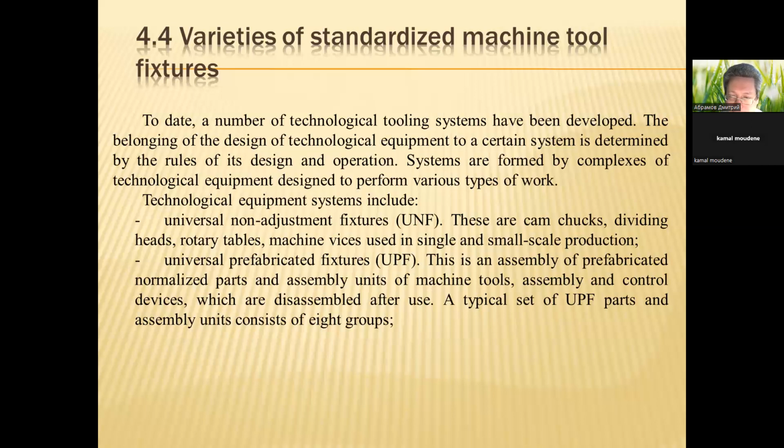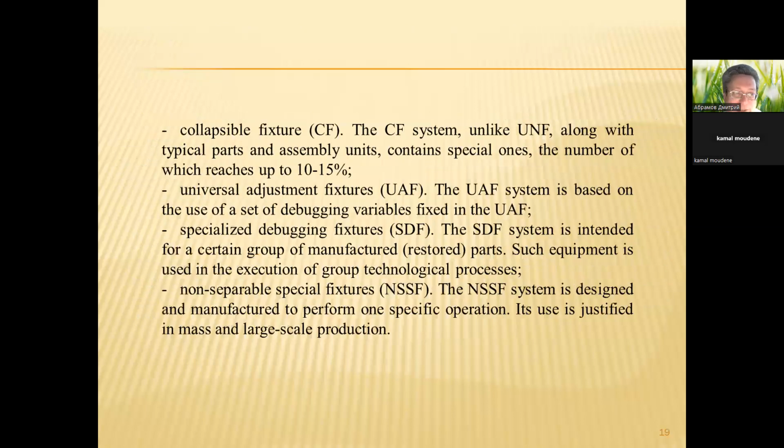A typical set of UPF parts and assembly units consists of 8 groups. Next type, it's collapsible fixture, CF. The CF system, unlike UPF, along with typical parts and assembly units, contains special ones, the number of which reaches up to 10 to 15%.